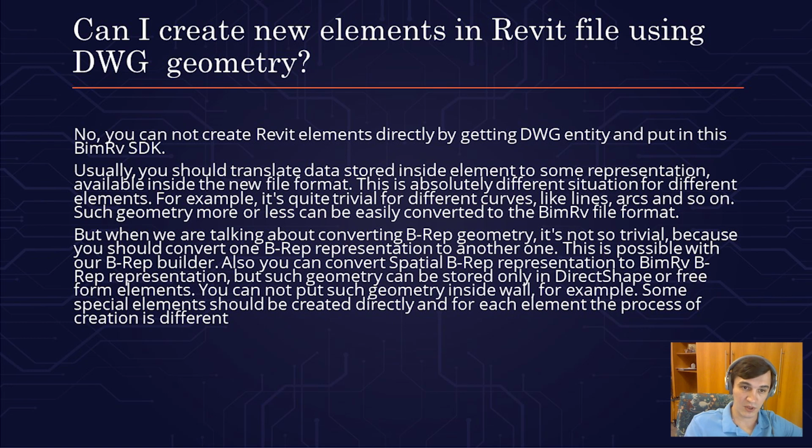But when we are talking about BREP geometry conversion, it's already not so trivial because you should convert one BREP representation to another one, and this is possible with our BREP builder and so on.